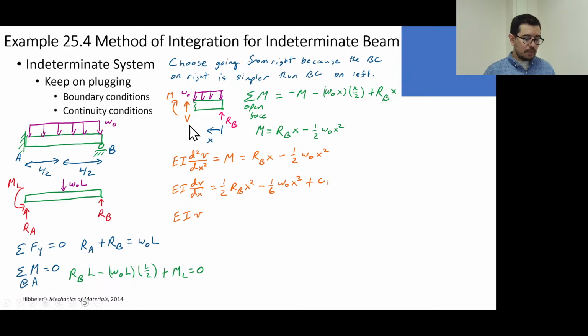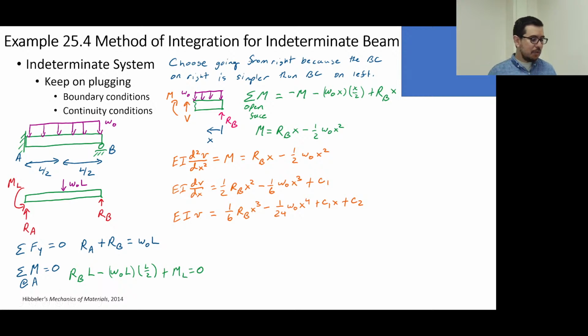Also, once we do this integration, now we have an equation for displacement. Is displacement 0 anywhere? Yeah, it's 0 at A as well, right? So now we're starting to see, oh, okay, I can plug in some values, such that I'm going to have some interesting behavior, right?